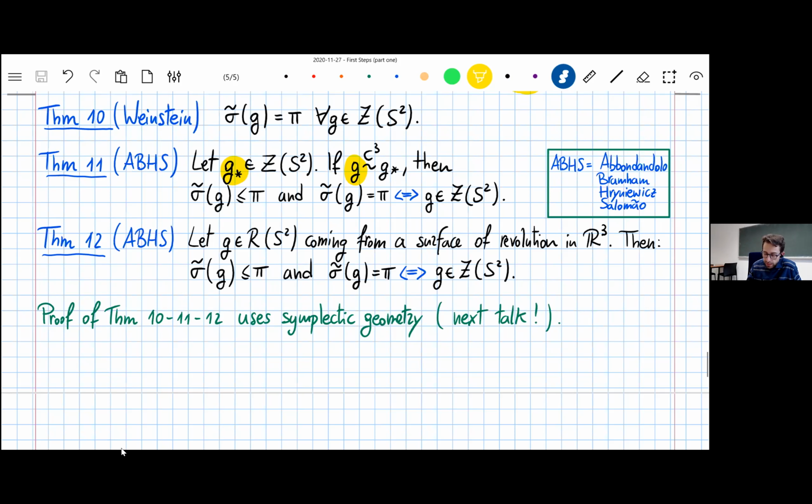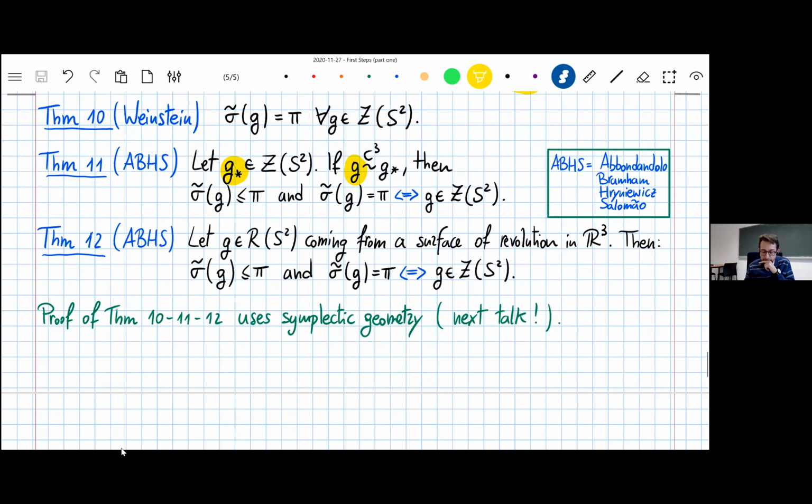I think they can now also achieve C2, but I'm not completely sure. Then the systolic ratio of G is less than or equal to pi, and equal to pi exactly when the metric is Zoll. So you can rephrase this as saying that Zoll metrics are a subset inside the space of metrics where the systolic ratio has a strict local maximum, and this maximum is equal to pi thanks to Weinstein's theorem.